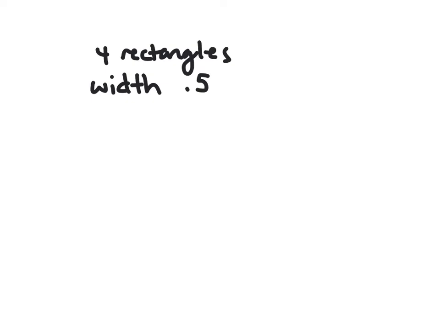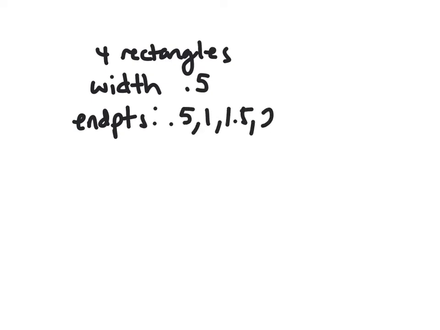And so our right endpoints would be at 0.5, 1, 1.5, and 2. And so each area, if I want to start thinking about this in terms of a sum, now I have 4 rectangles, so it should be k equals 1 up to 4.